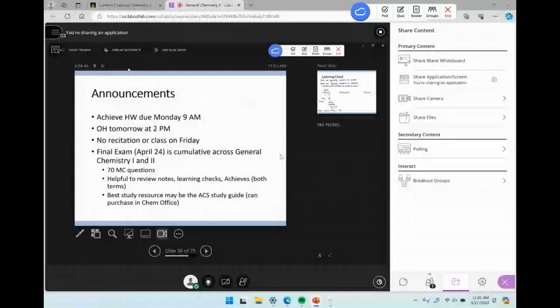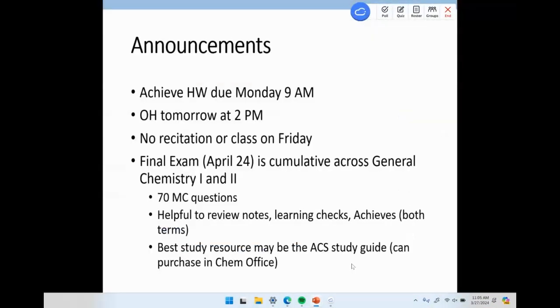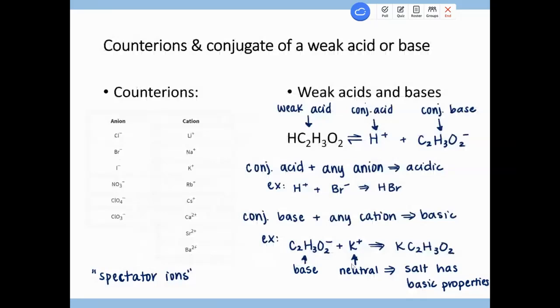Okay, so going back to what we learned at the end of class on Monday, we were talking about these counter ions. So these are spectator ions. We're in the weak acid, weak base section. These spectator ions don't influence the acidity or basicity of solution. So these are the anions for strong acids and the cations for strong bases.